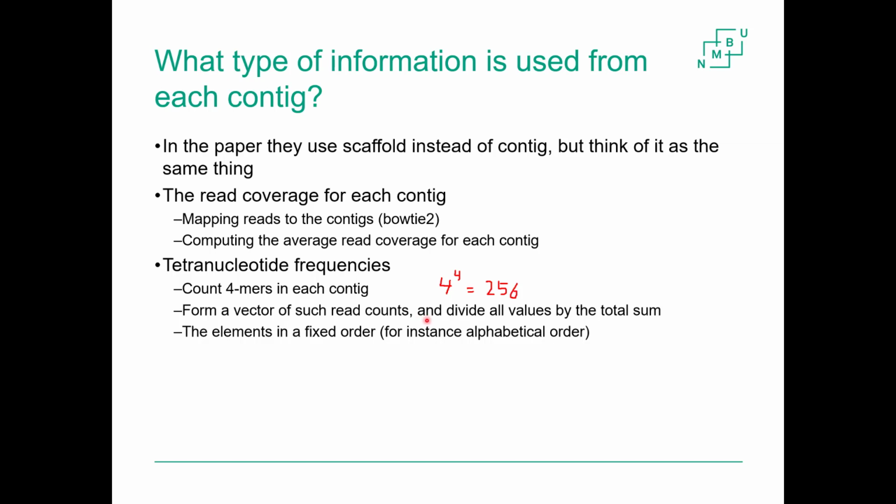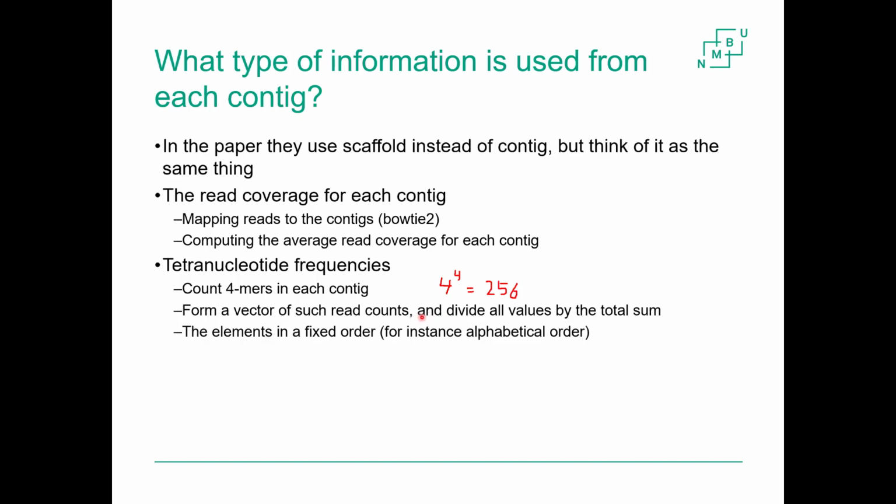I presume this is what they do because of some of the results they show, some of the distances we will see shortly, and also because if you don't do this, if you look at the actual read counts, then 2 contigs of different length will also be very different from each other, because there will be many more 4-mers in a long contig than in a short one. So it makes sense to divide by this total sum to get relative values.